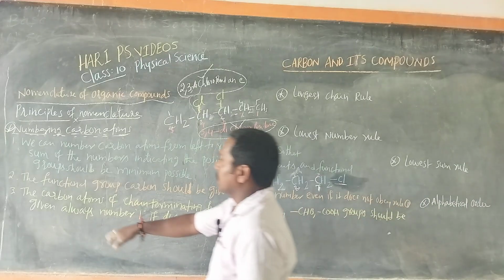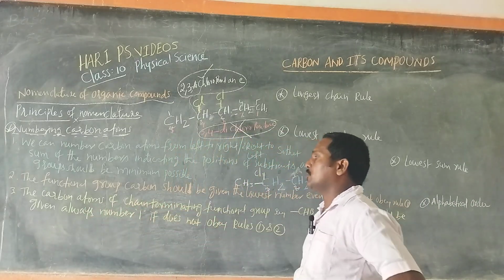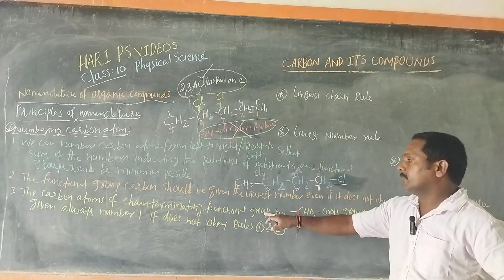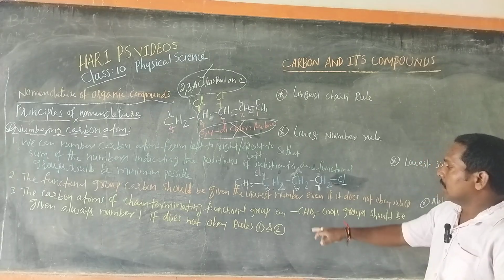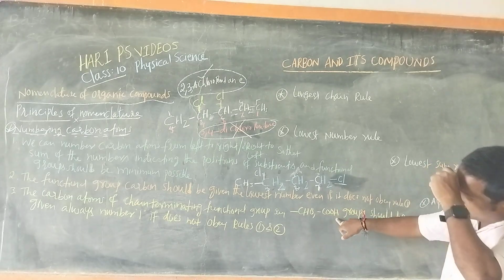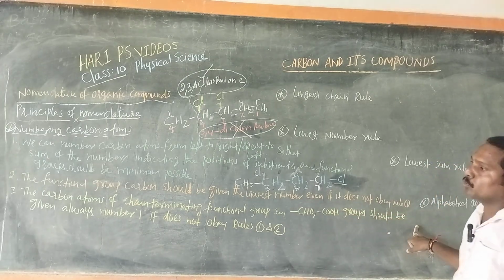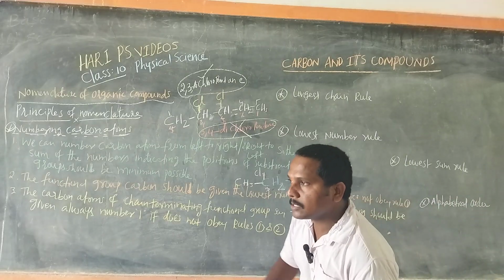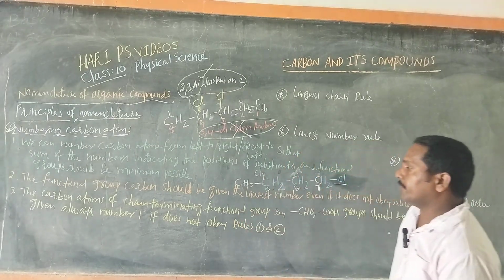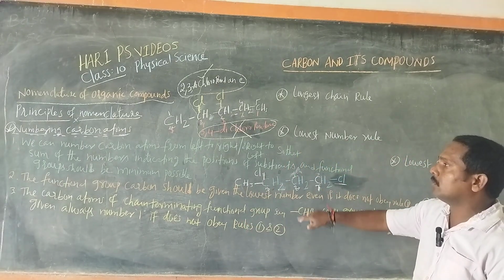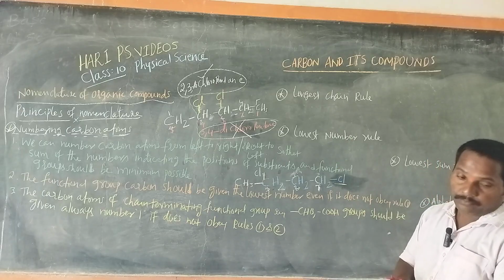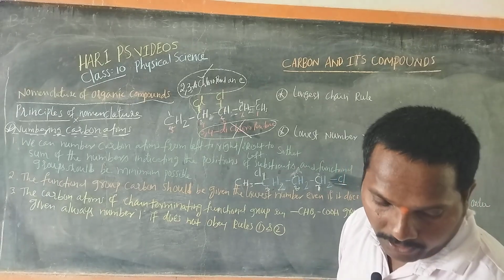Then third, the carbon atom of a chain-terminating functional group like an aldehyde or carboxylic acid group should always be given number 1, even if it does not obey rules 1 and 2.